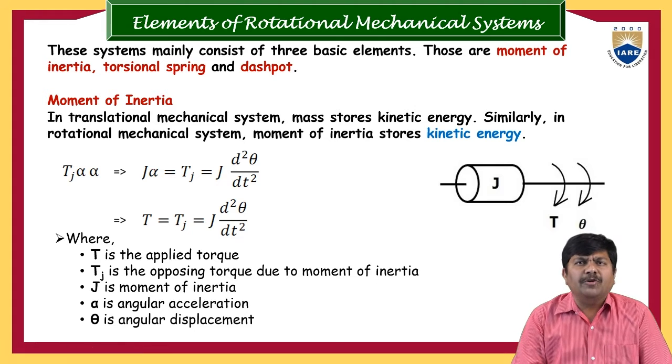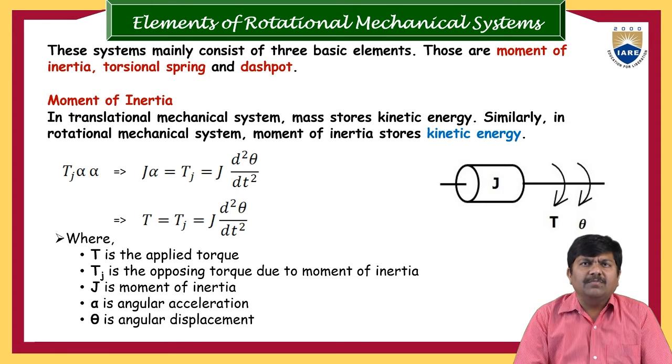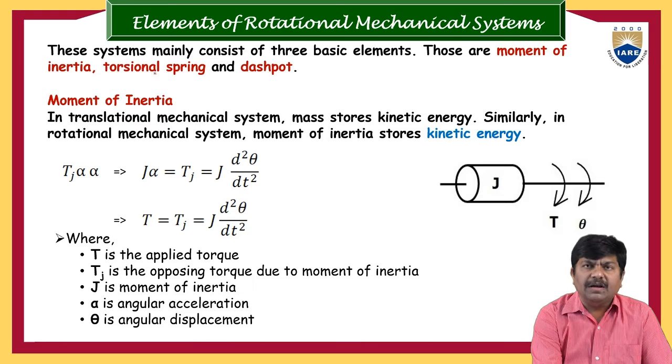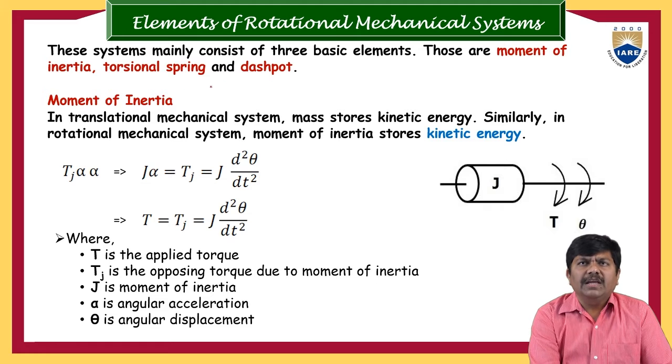So that is a way of representing input and output quantities in rotational mechanical systems. This is a brief introduction to the rotational mechanical system. With this understanding, let us proceed to the basic elements we are going to encounter in rotational mechanical systems. The first basic component is the moment of inertia, which is J. The next is the torsional spring, and the last is the dashpot.